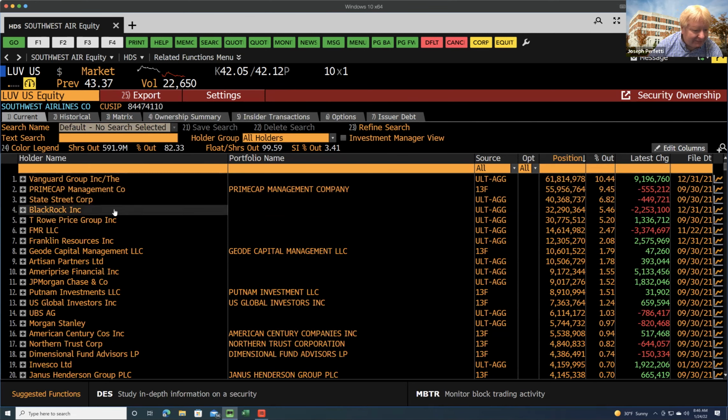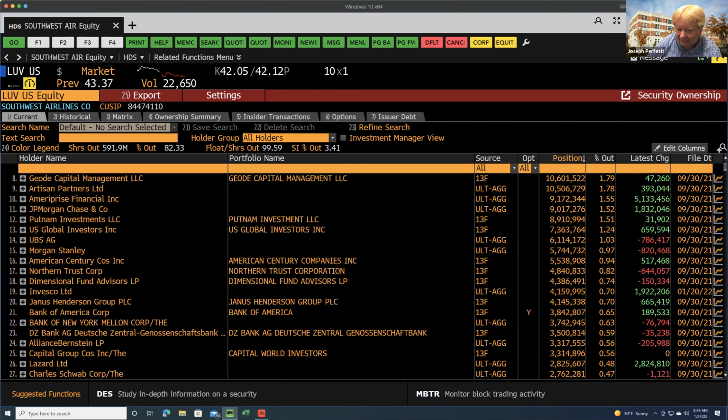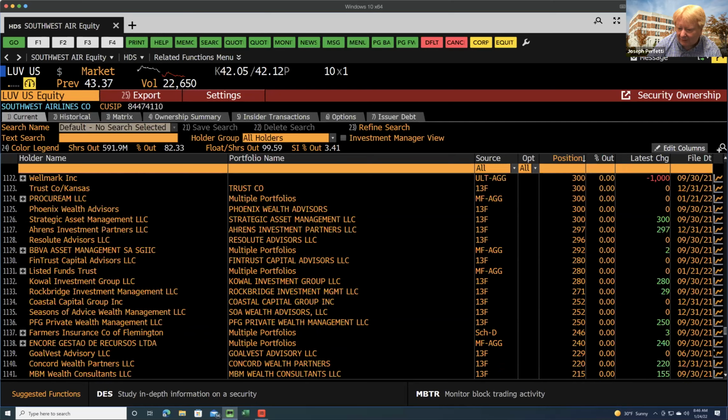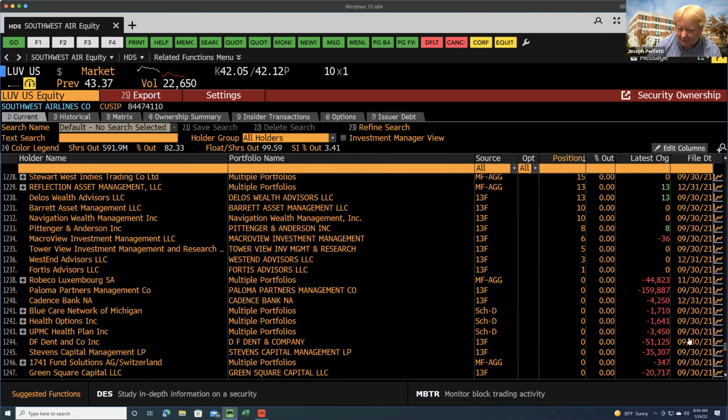Primecap, State Street, BlackRock, T. Rowe Price, FMR's Fidelity, Franklin Resources, Gatty Capital, etc. Okay, so these are the people that buy and trade in large blocks of stock that are the real price setters for Southwest Airlines. Versus if you scroll down, here's somebody that owns like 1 share. So Fortis Advisors owns 1 share of Southwest stock.